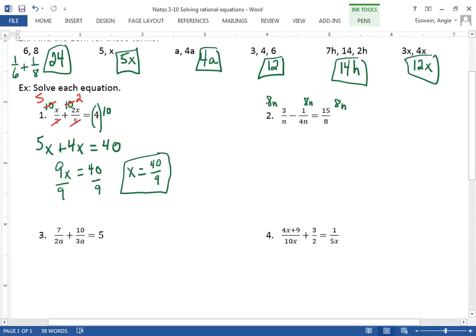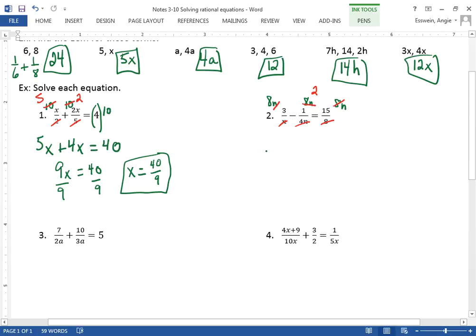So does the 8 cancel? Just the n. So just cancel the n's. And then 4n goes into 8n how many times? Twice. So that whole thing goes away. 8 goes into this. Just the 8's cancel, right? If at the end one of your fractions doesn't disappear, something's wrong. All your fractions have to disappear.